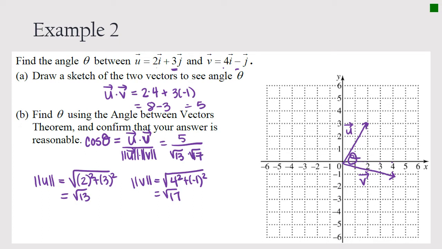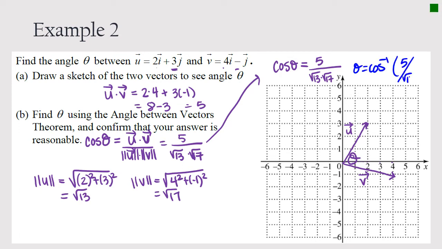So now we have the cosine of theta equals 5 over the square root of 13 times the square root of 17. If we want to get theta isolated, we'll take the cosine inverse of both sides, and we end up getting about 70.3 degrees.